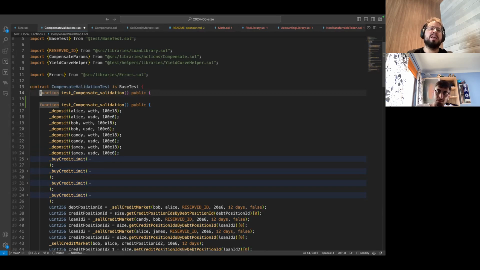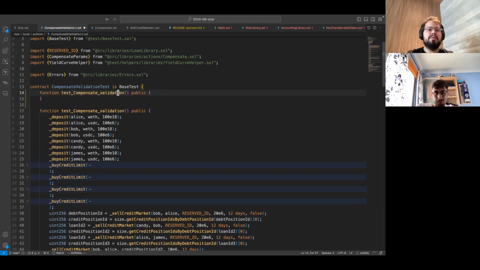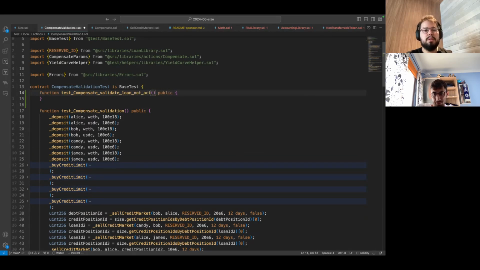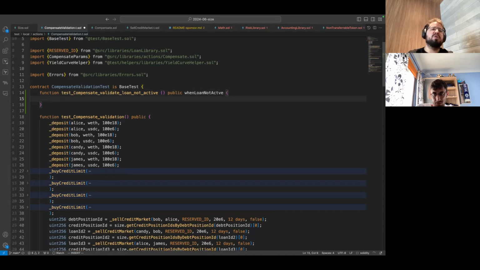So you can do something like validate loan not active, and then you put a modifier when loan not active, and then you just check that it will revert because the loan is not active.